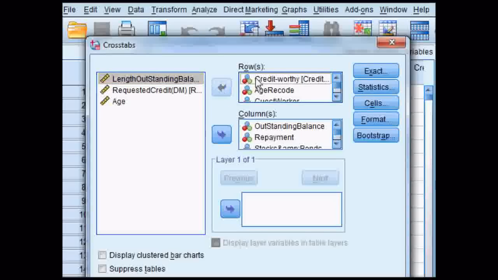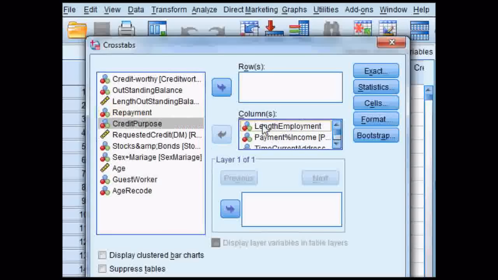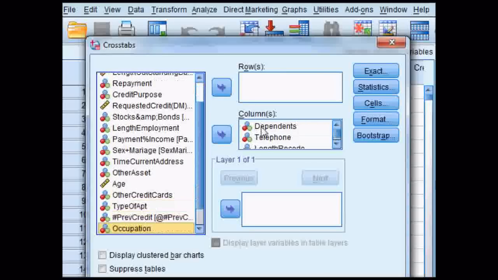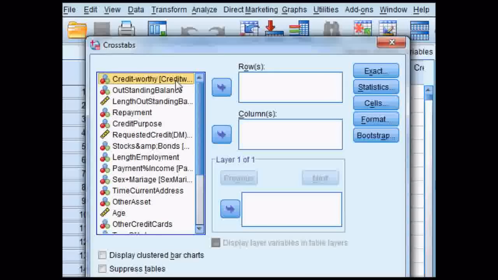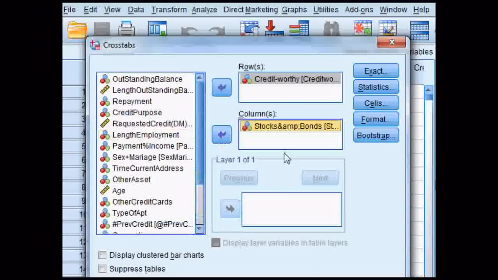We just want two things here. We want credit worthiness to be our row variable, and then we are going to do stocks and bonds as our column.